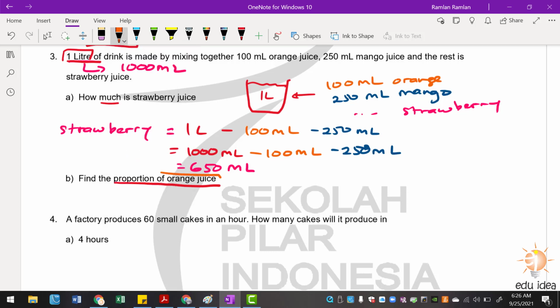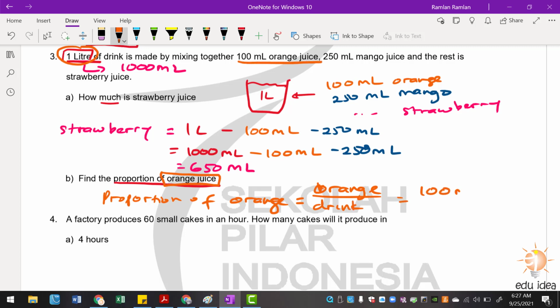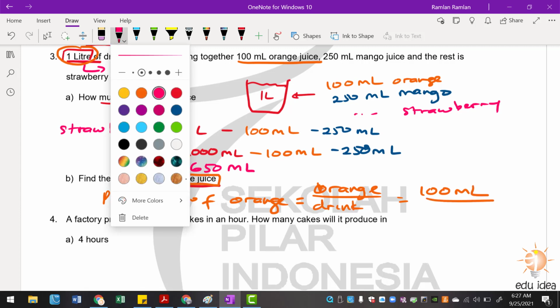So we can write down the proportion of orange is going to be equal to the volume of the orange compared to the whole drink, right? We know that the orange in here is 100 milliliter, and we know that the drink in total is 1000 milliliter, right?